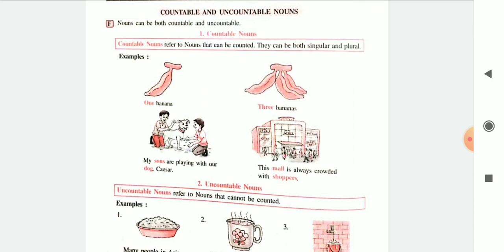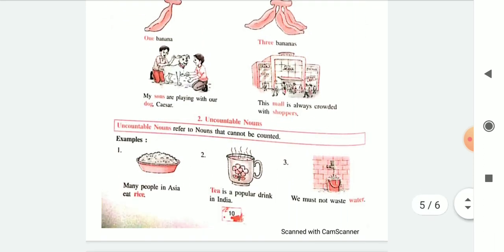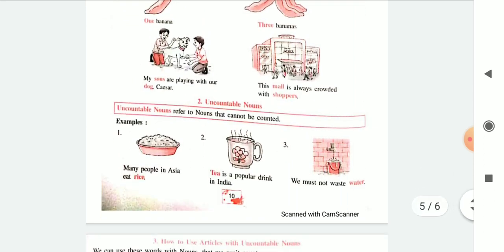So such things are called countable. They are countable nouns. I have 3 apples in the fridge. You have 3 apples. So it's a countable noun. But certain things are such where we cannot count them, like tea, coffee, sugar, salt, flour. You can't count. You can't put a number to it.